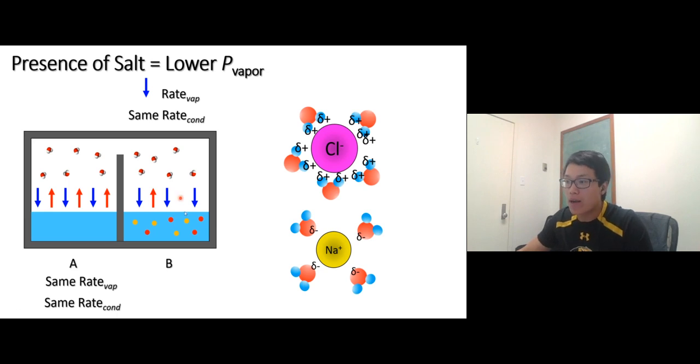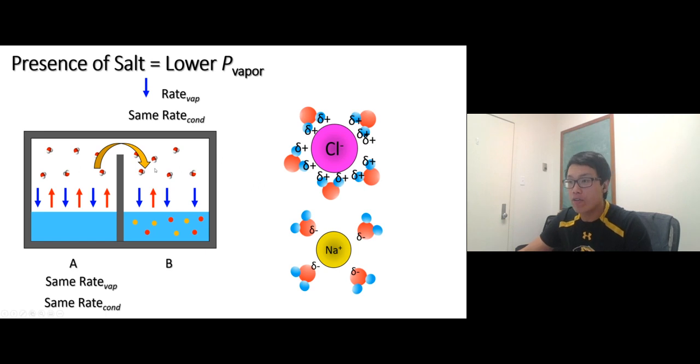And when the rate of vaporization in compartment B is lower, the amount of vapor is going to be lower as well. So the water vapor in compartment A has to compensate for the low vapor in compartment B by migrating some of it to compartment B to keep the equilibrium.